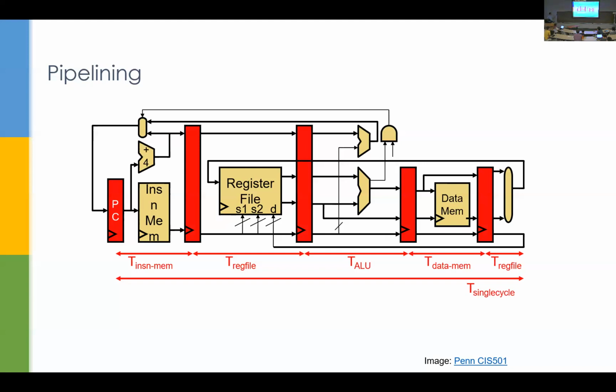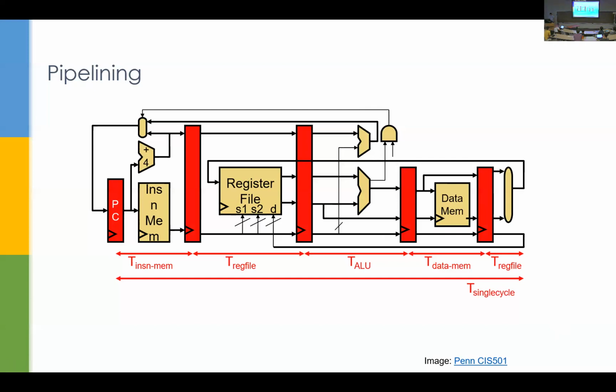Because if the register file stage is taking more time, the instruction is going to wait because it can't go on to the next step. So what we have essentially done here is added the ability to run more at the same time, but increased latency.